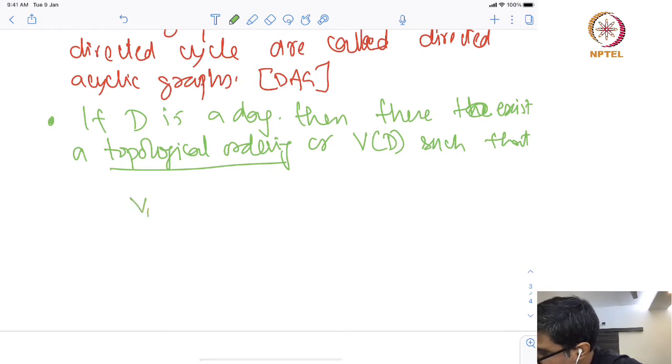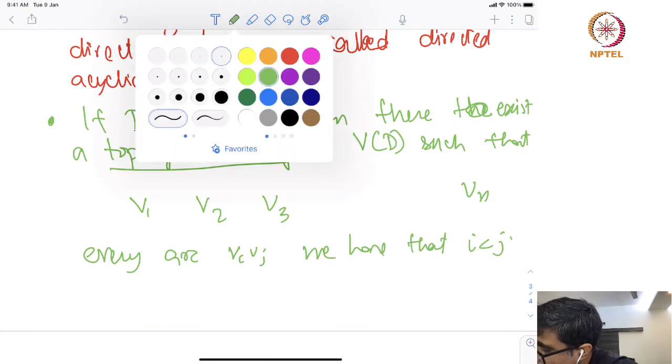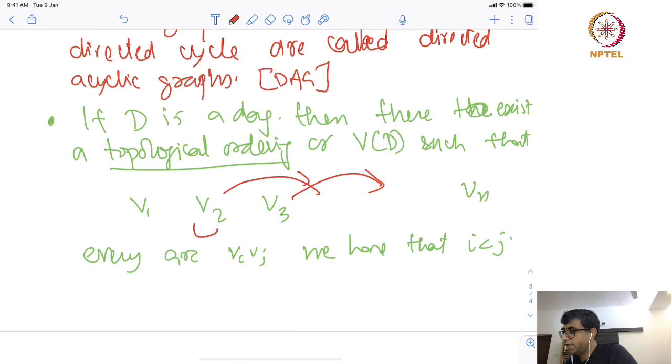There exists some ordering like V1, V2, V3, dot dot dot, Vn such that for every arc ViVj we have that i is less than j. So, basically you can come up with an ordering so that every arc goes from a smaller index vertex to a larger index vertex.